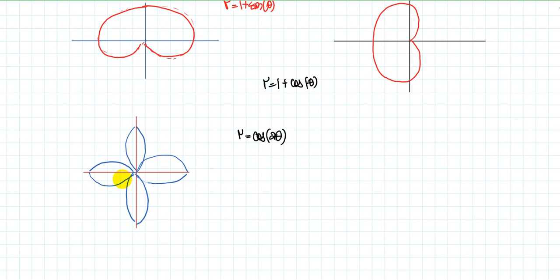If you write sine of 2 theta, it's going to be, again, the rose with 4 leaves, but it will be rotated by pi over 4. Okay? So let's draw this.